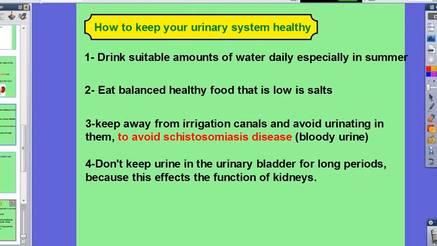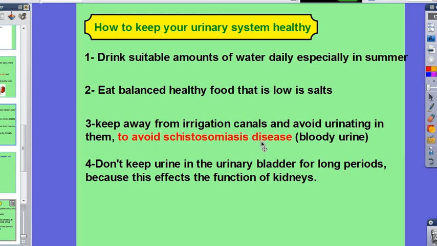How to keep our urinary system healthy? We must drink a suitable amount of water, eat balanced healthy food which is low in salts, keep away from irrigation canals to avoid urinating in them, and to avoid schistosomiasis disease.